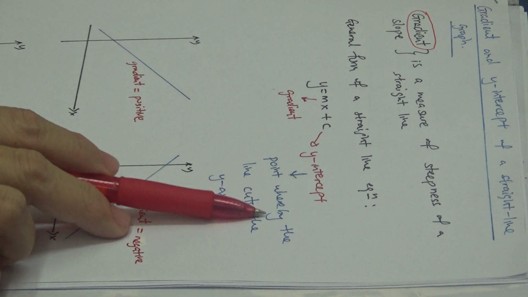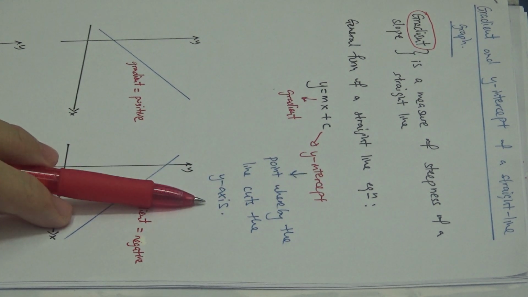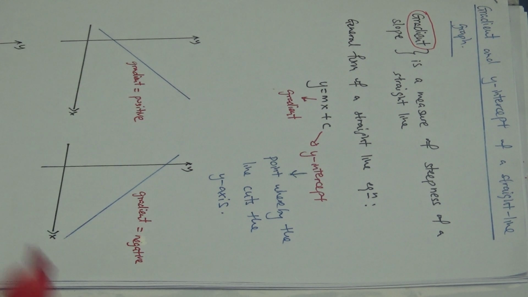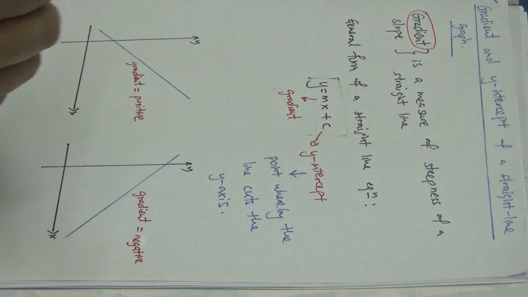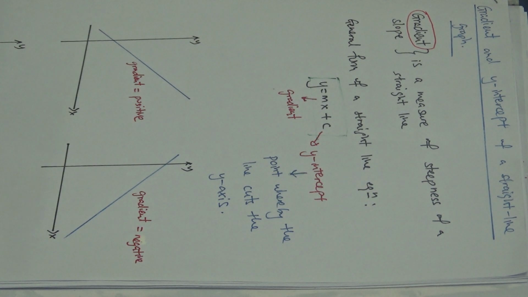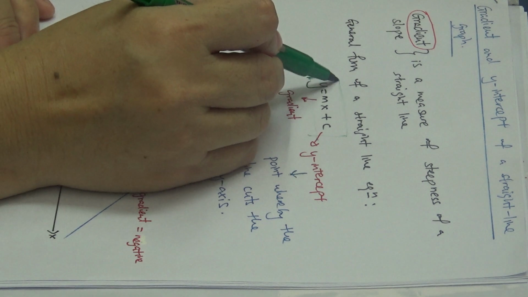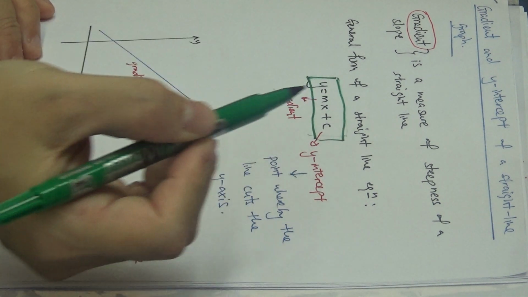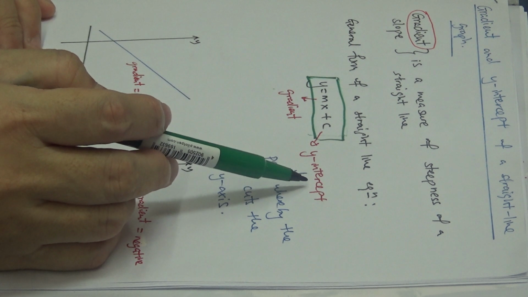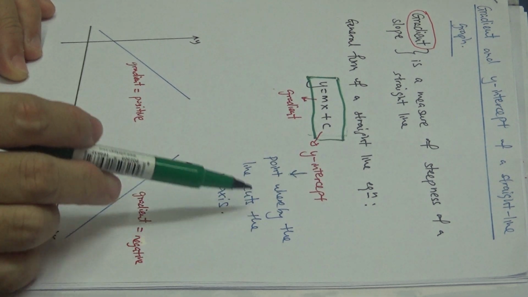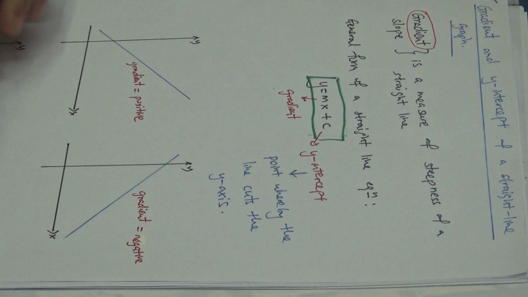The y-intercept is the point whereby the line cuts the y-axis.